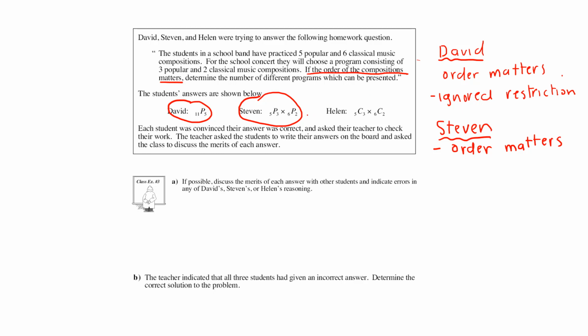Where Stephen is wrong is that he's assumed that it's going to be 3 of the popular, then 2 of the classical. So he's assuming that it's going to be something like this, that they have to be done consecutively. And this is a false assumption. So he's doing this 1, 2, 3, 4, 5. He's saying, okay, we've got a popular song here, a popular song here, a popular song here, and then a classical and a classical.